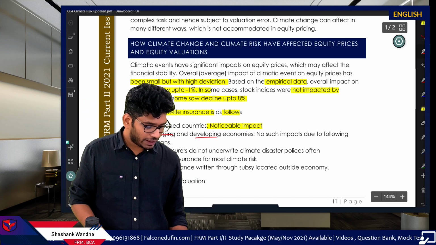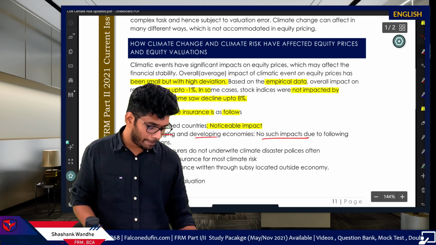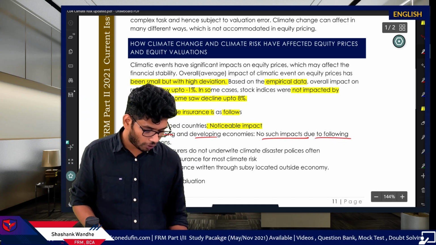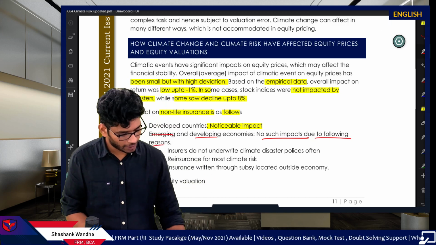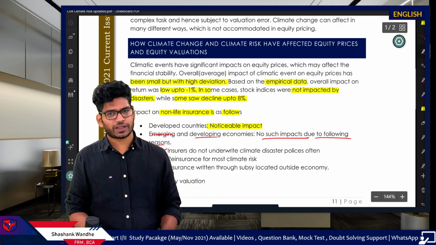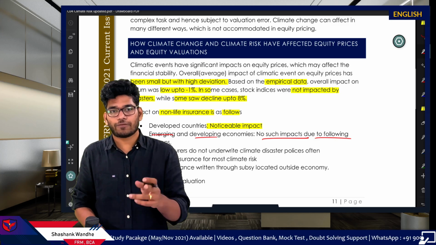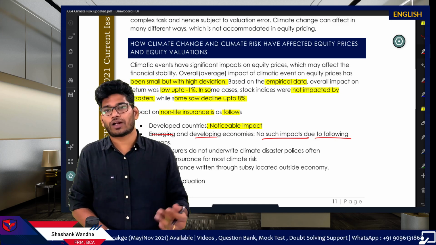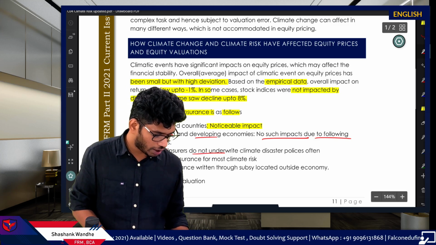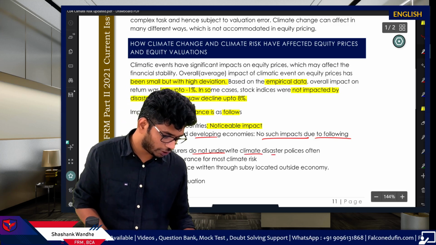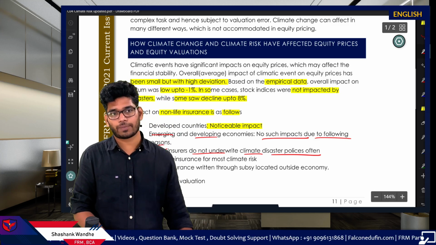In the emerging and the developing economies, there was no such impact, due to the following reasons, and you are supposed to remember these reasons. First, in the emerging and developing economies, the insurance market for non-life insurance is not that developed. Second, insurers do not underwrite disaster policies often.